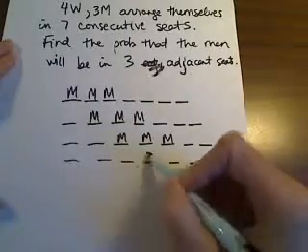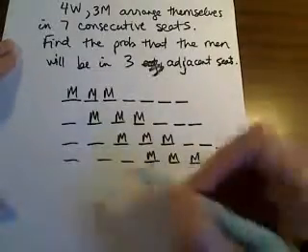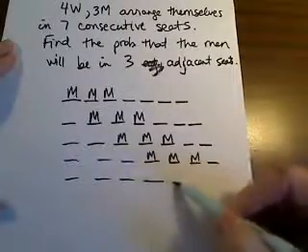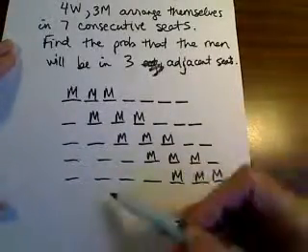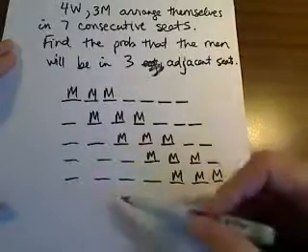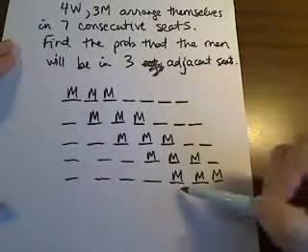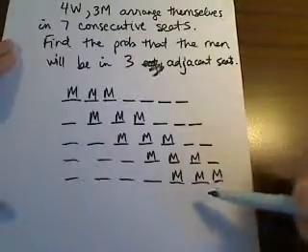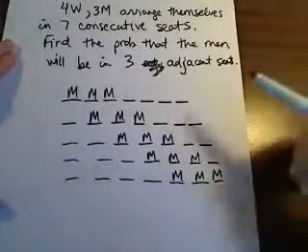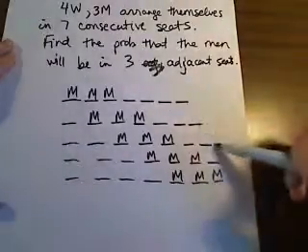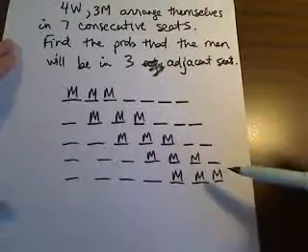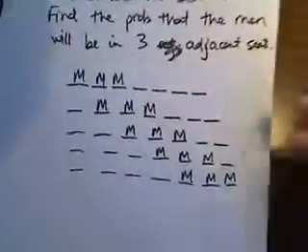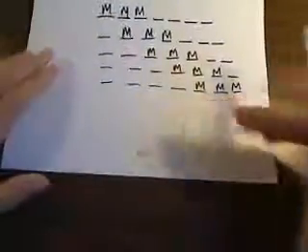If we start them at the 4th seat, they would be grouped like that, and then the 5th seat, seats 3, 4, 5, would be the last option for them to sit together. So if we count this here, there's actually 1, 2, 3, 4, 5 ways for them to sit next to each other in 7 consecutive seats. So that's one part of it.